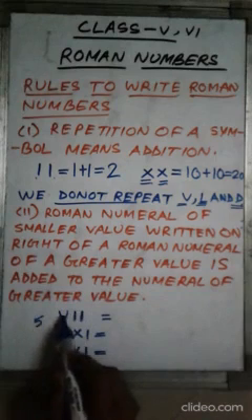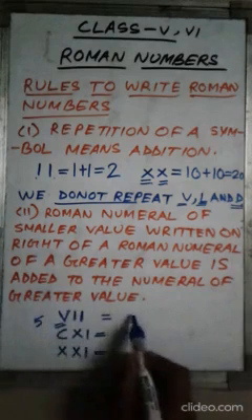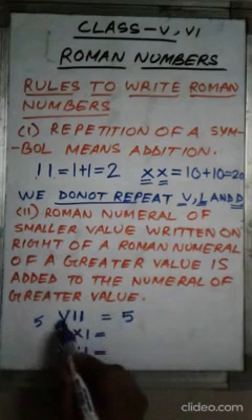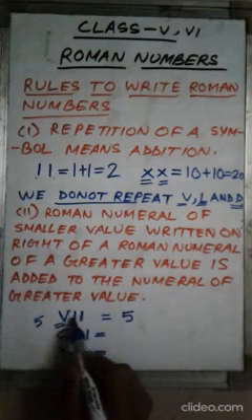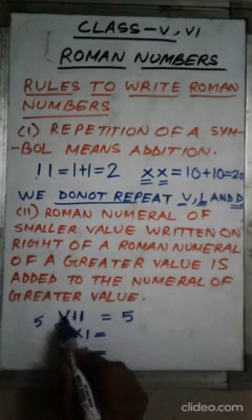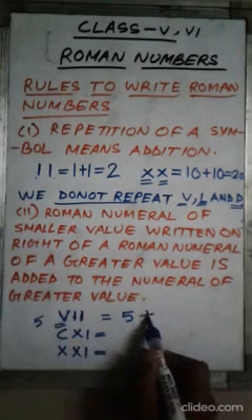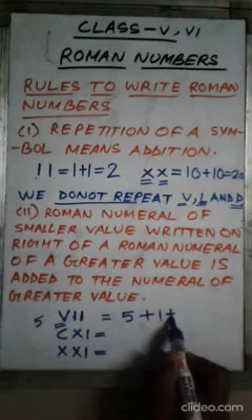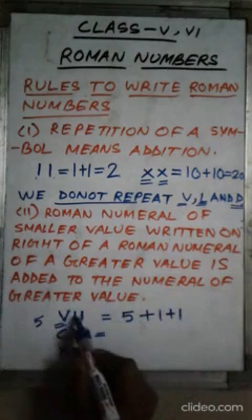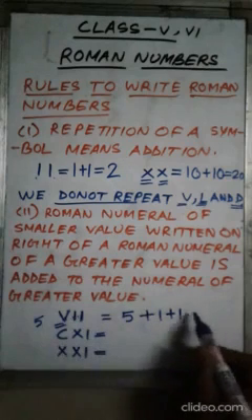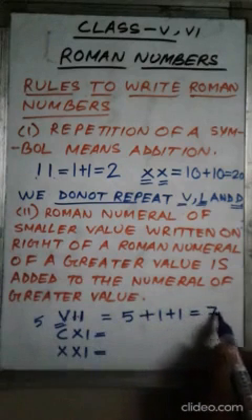This is having greater value 5 and this is written on the right side of the greater value. Therefore, these two will be added to 5. So it is 1 plus 1, equal to 7.